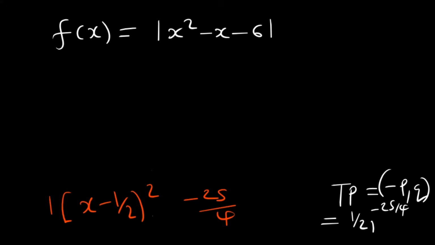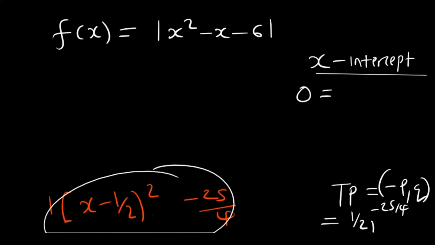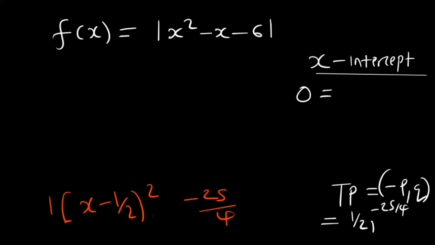So let's find the x-intercept and the y-intercept. On the x-intercept, y is equals to 0. So since y is equals to 0, it will be 0 is equals to, I'm going to get this expression from there. It's like we solved it and we've reached almost close.